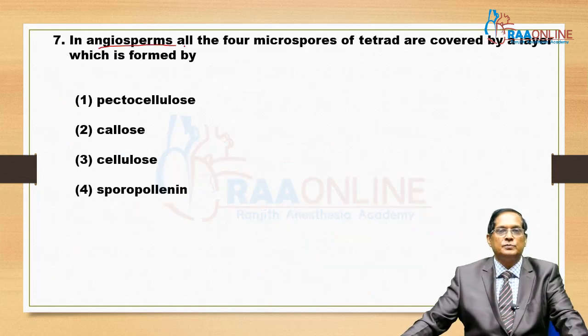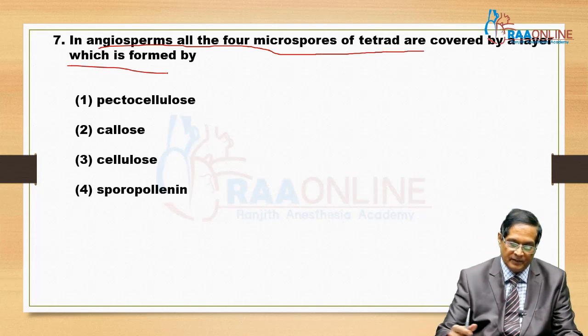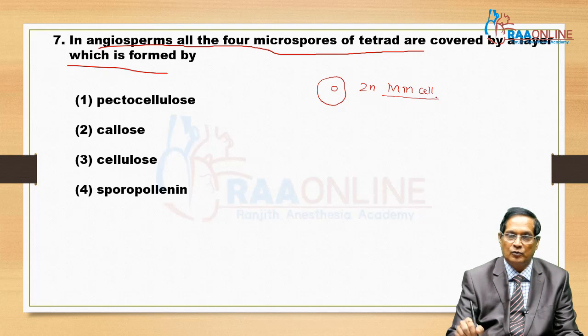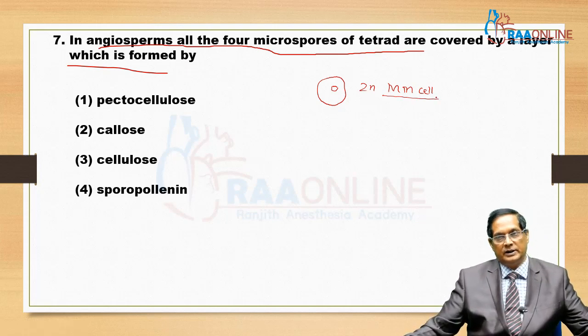In angiosperms, all 4 microspore tetrads are covered by a layer. See here, the microspore mother cell is diploid.